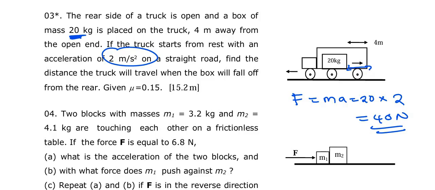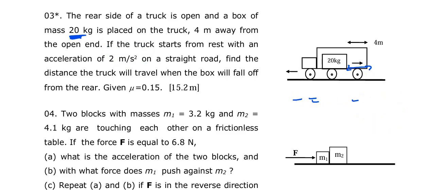Now, they're saying on a straight road, find the distance the truck will travel when the box will fall off the rear. So when it's now moving, there's friction that is being encountered. Initially the 40 was not with respect to friction, but now it's moving, so there's friction involved. We're going to say the force it is moving with minus the frictional force is equal to ma.